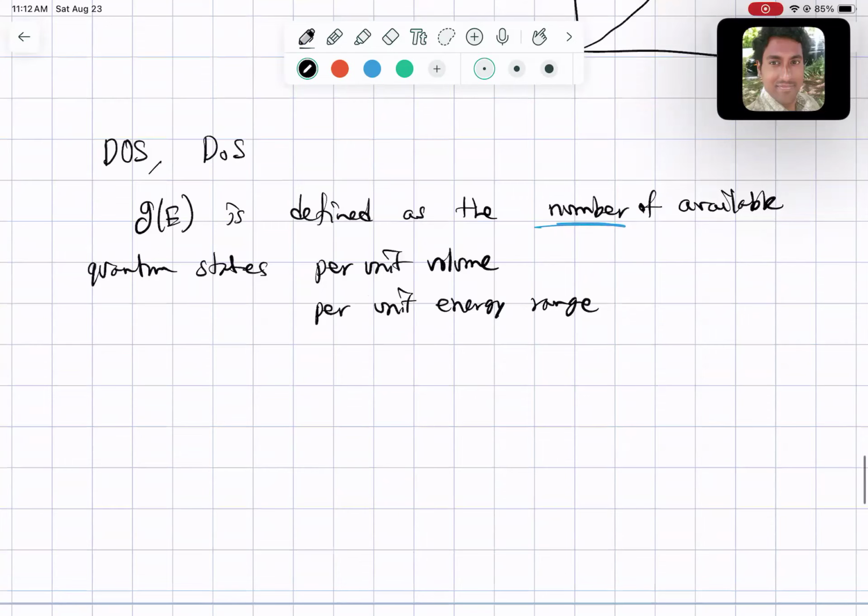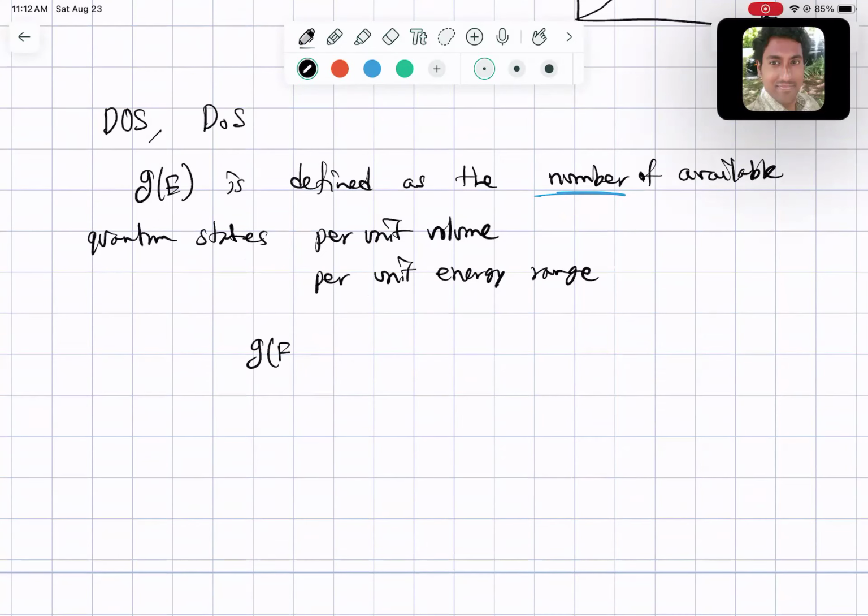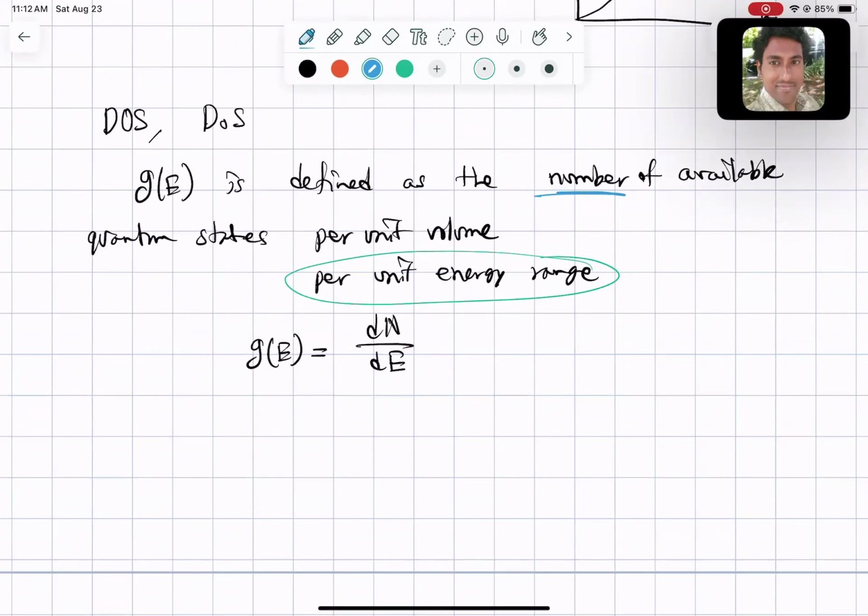Okay, so g of E is dN over dE. Per unit energy range, that's why we have dE here. And it's the number, so we have the change of number here. And this N is the number of available quantum states per unit volume, and the energy range is dE. So that's the defining equation of g of E.